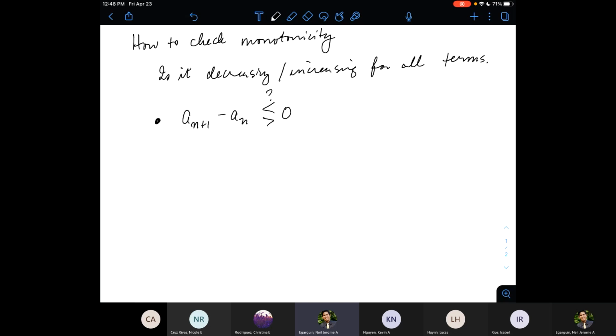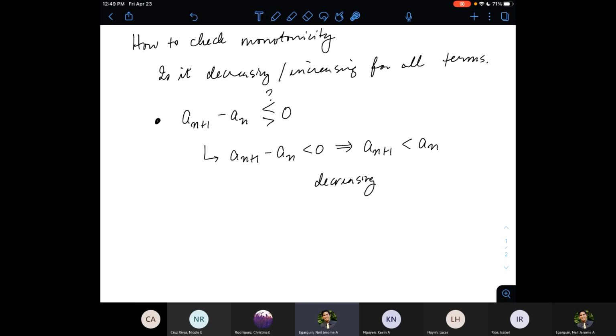If a sub n plus 1 minus a sub n is less than 0, that means a sub n plus 1 is less than a sub n. So a sub n is larger, and you have a decreasing sequence. If you have the reverse inequality, then you say it's increasing.